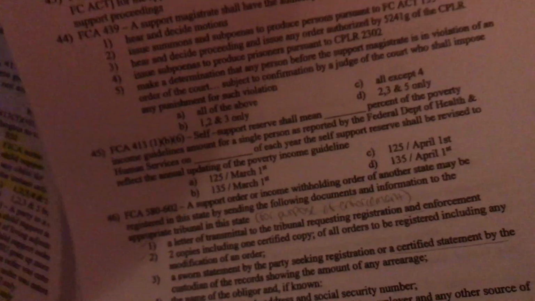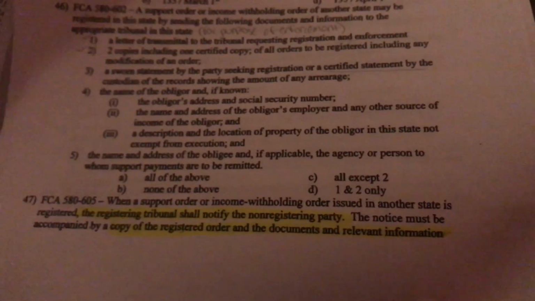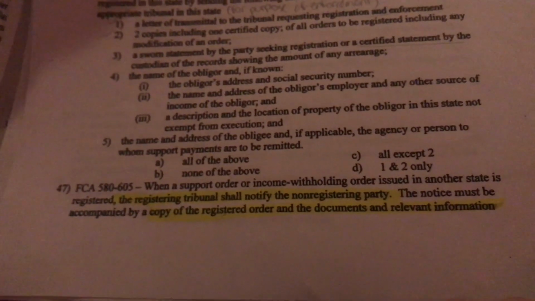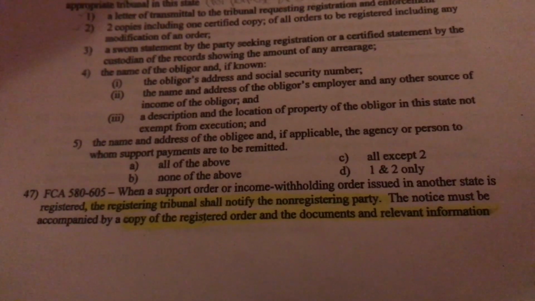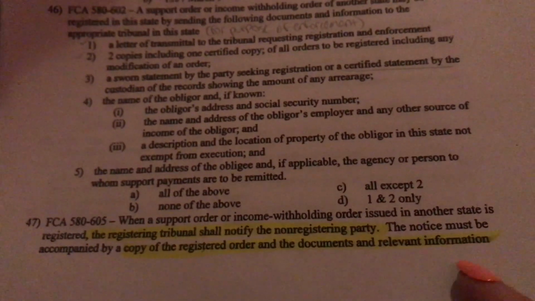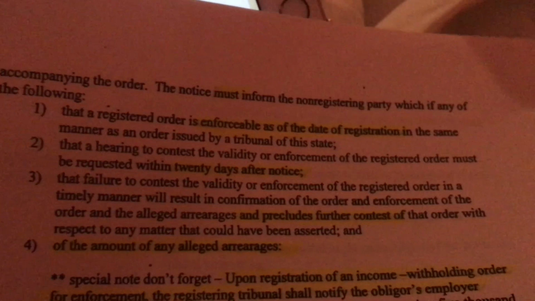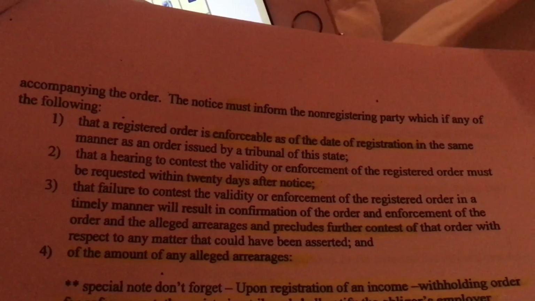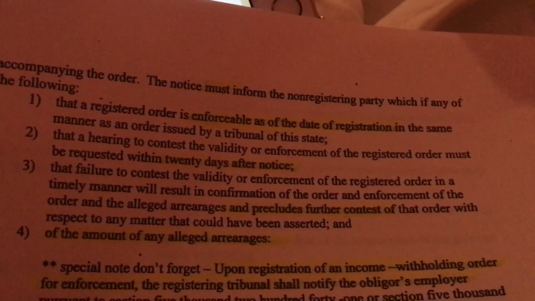All right, number 47. When a support order or income withholding order issued in another state is registered, the tribunal shall notify the non-registering party. The notice must be accompanied by a copy of the registered order and the documents and relevant information accompanying the order. The notice must inform the non-registering party the following. 1. That a registered order is enforceable as of the date of registration.